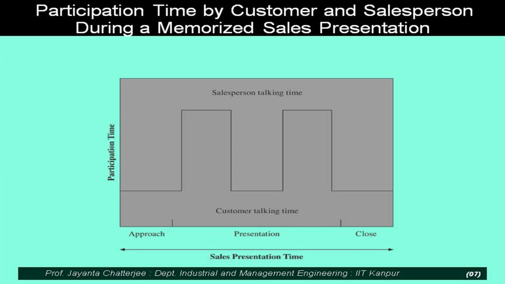As this diagram shows, there is a good balance from left to right, which means that this is like a good conversation. That means you are talking, and then you are listening. Then you are talking, and then you are listening.